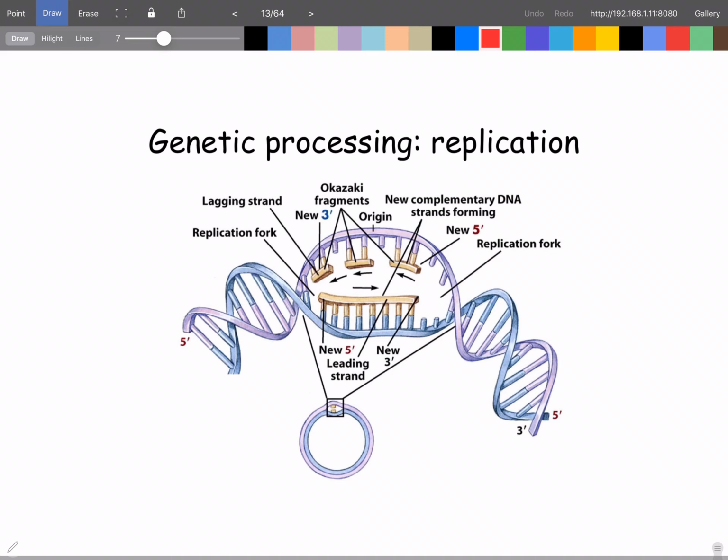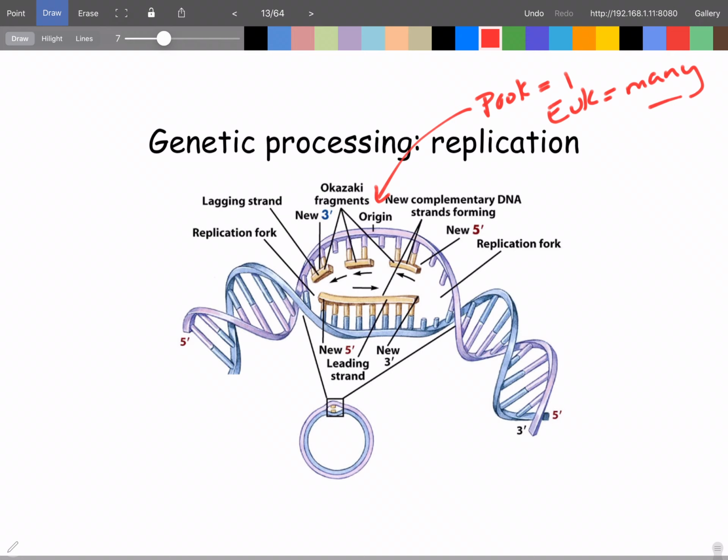So here is an origin. Like I said, prokaryotes, like bacteria, are going to have one. Eukaryotes, like us, are going to have many. If we didn't have many, we wouldn't be able to replicate our DNA in a timely fashion. So there's usually several along the length of a linear chromosome, but one on the circular double-stranded DNA chromosomes of prokaryotes.